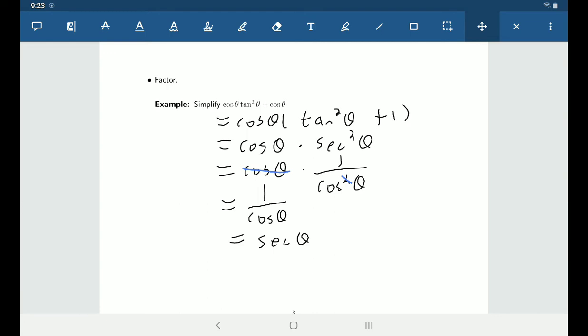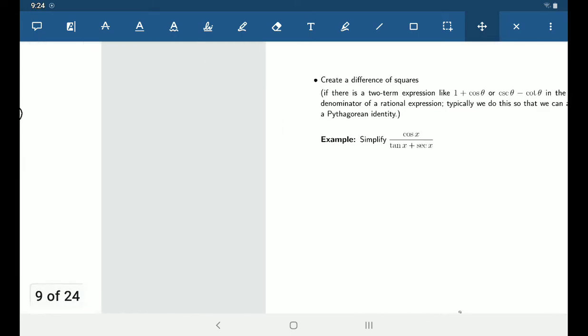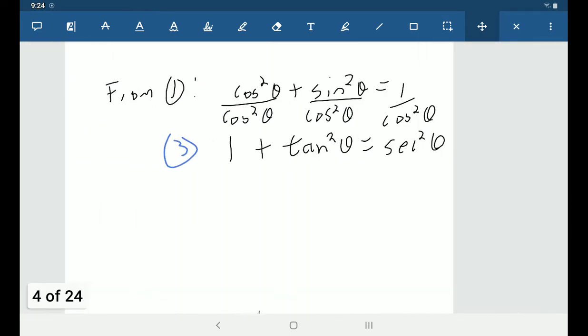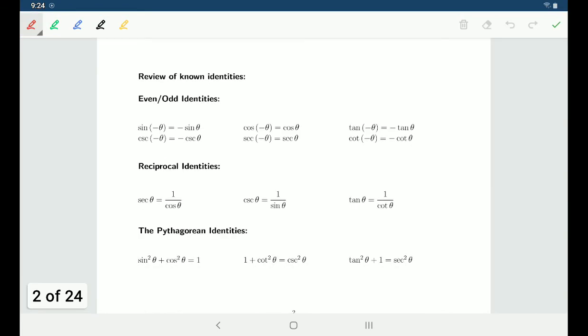Okay, one last thing that you can do would be to create a difference of squares. And the reason for this, and we're just going to circle back to our Pythagorean identities for just a minute, all of these Pythagorean identities could be rewritten as a difference of squares. So for example, this could be rewritten as sine squared theta being the difference of squares 1 minus cosine squared theta.